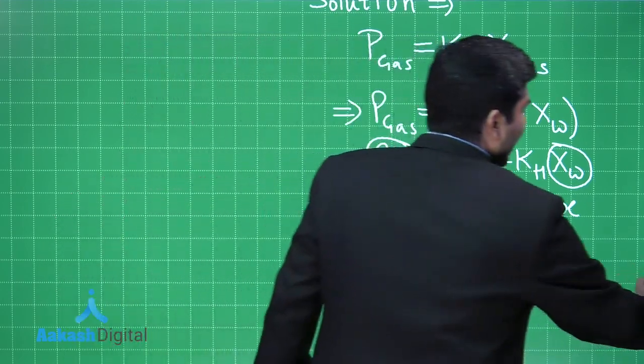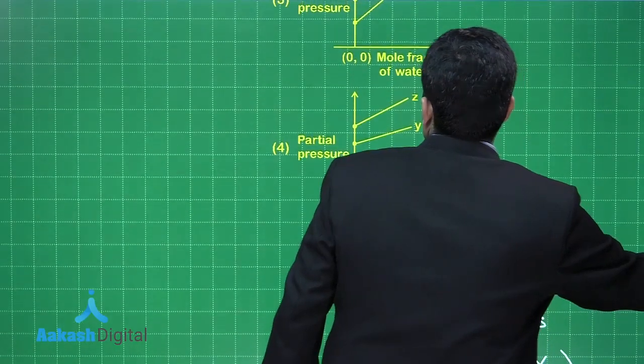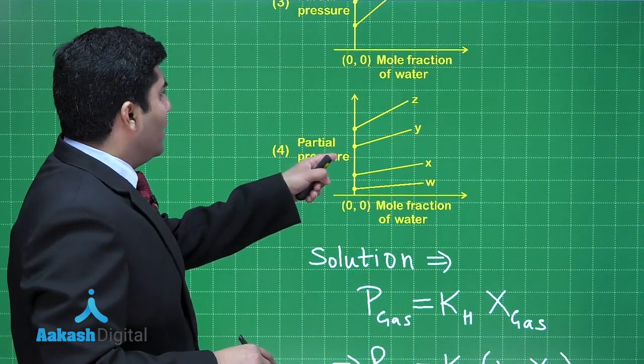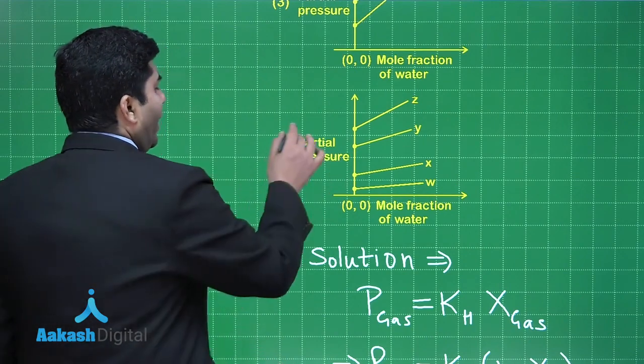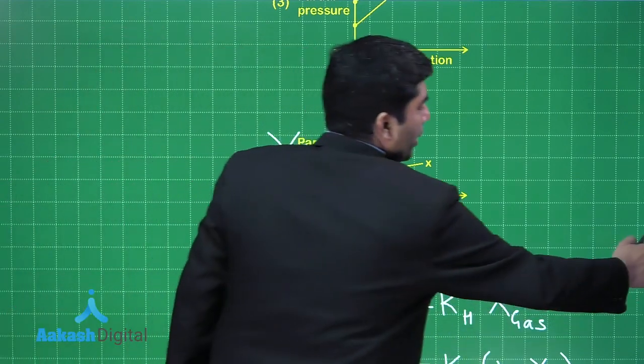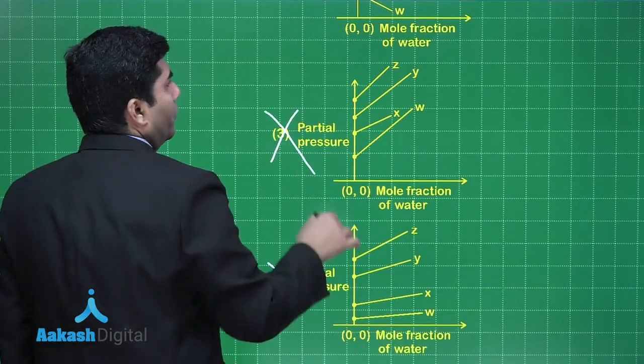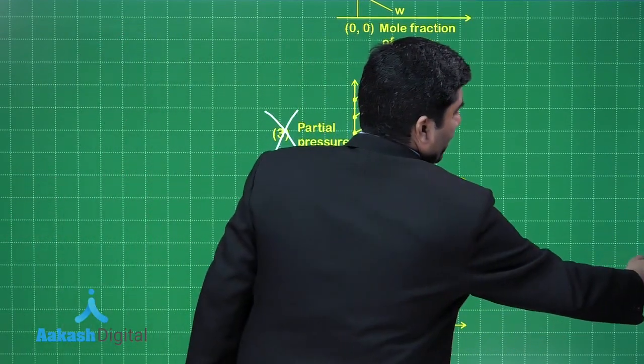If the slope is negative, let's see the graph. Here the slope is positive, that's why it can't be the answer. Here also the slope is positive, it cannot be the answer.